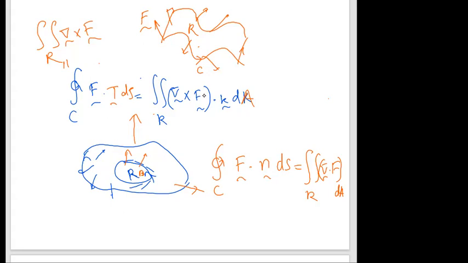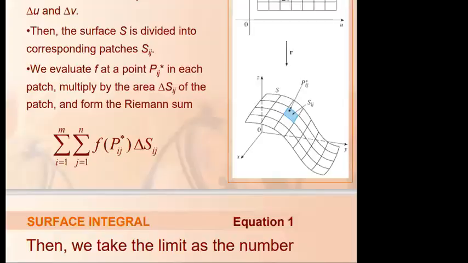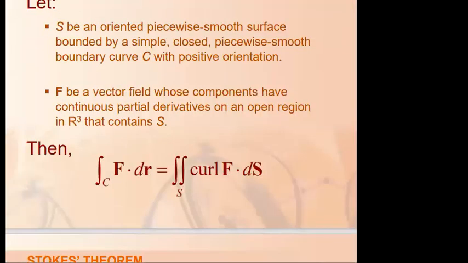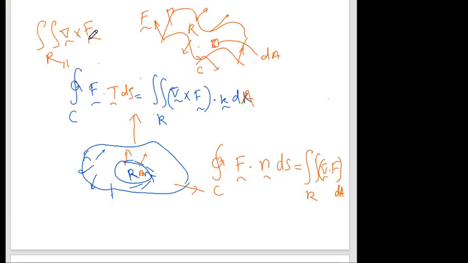So this time, curl of A, Stokes, dotted curl of A, dot dS.